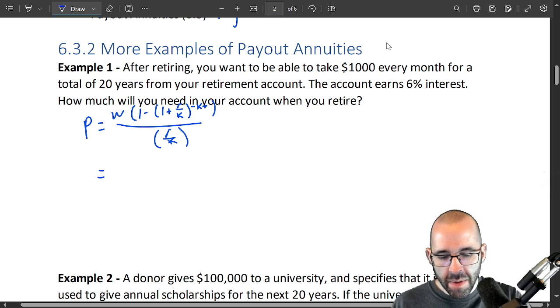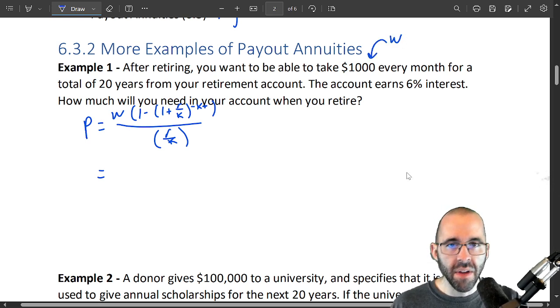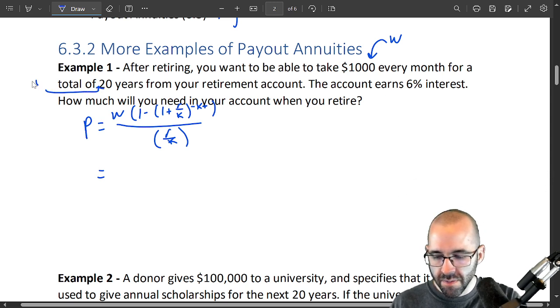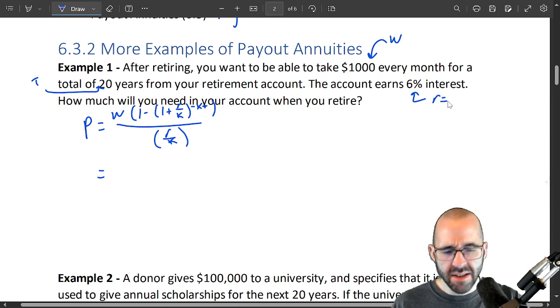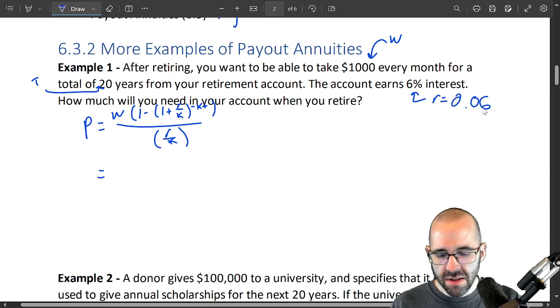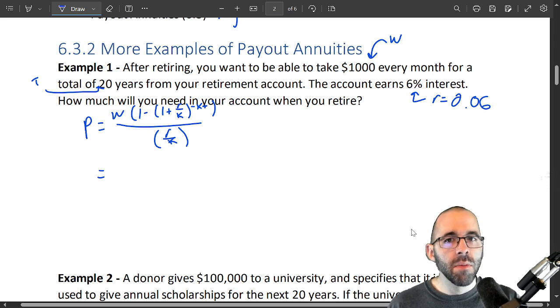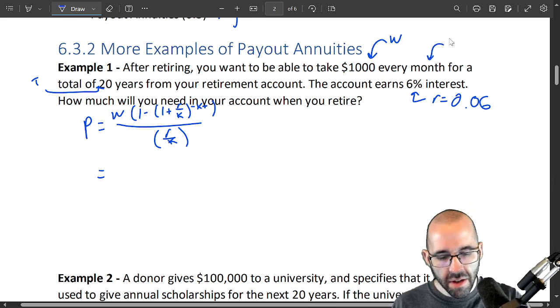We want to be able to take out $1,000 every month. That's our W. Total of 20 years. That's our T. R is related to 6%, 0.06. And what's K? It doesn't tell us how frequently it compounds, but we are paying every month.